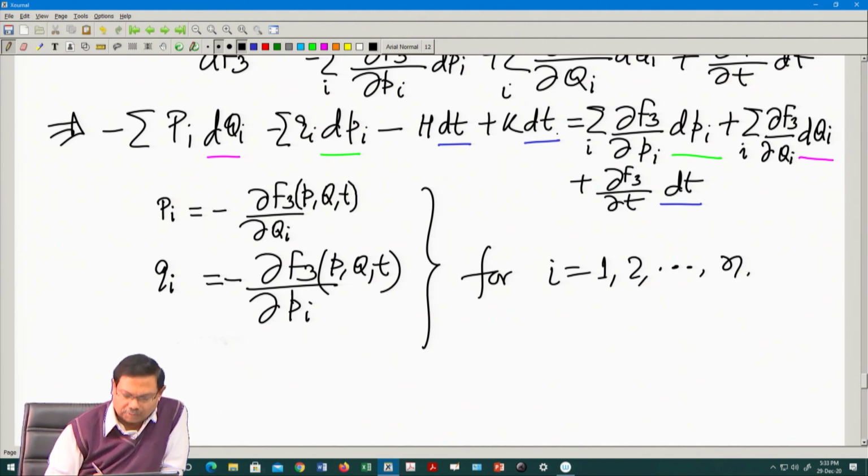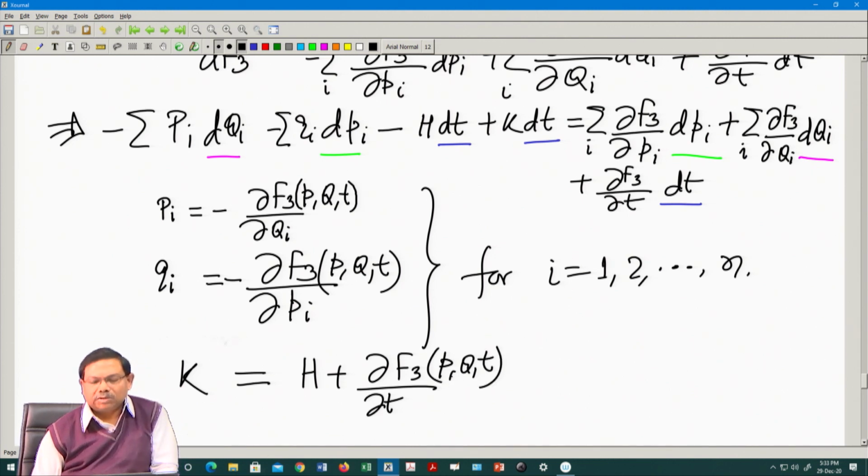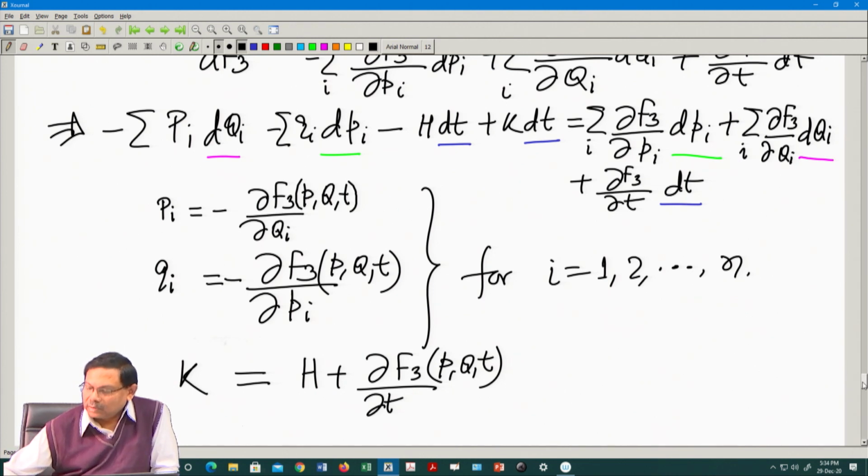And what about the Hamiltonian? The new Hamiltonian is H plus ∂F3/∂t, and which is a function of P, Q and t. So, this is another type of generating function that generates a canonical transformation from one set of phase variables to another set of phase variables. Okay.